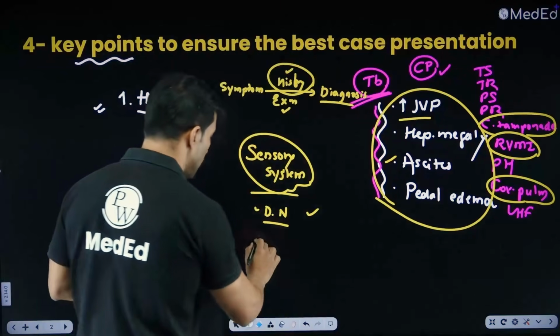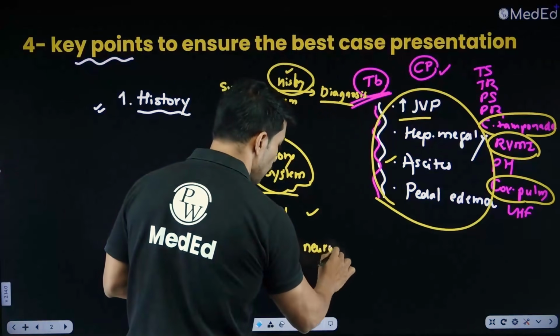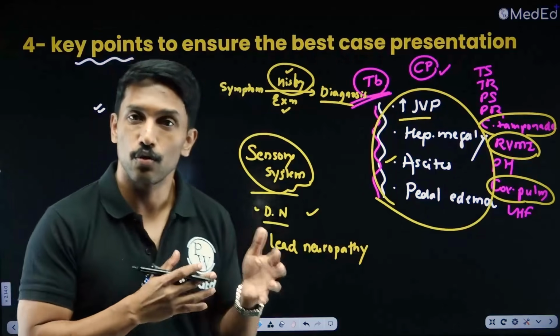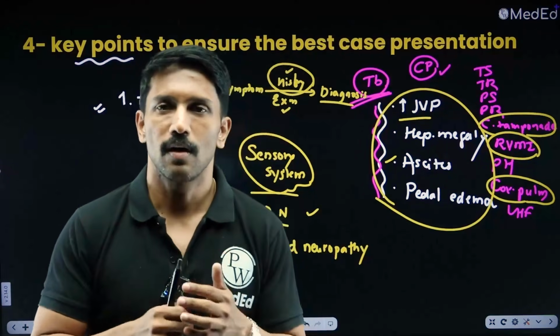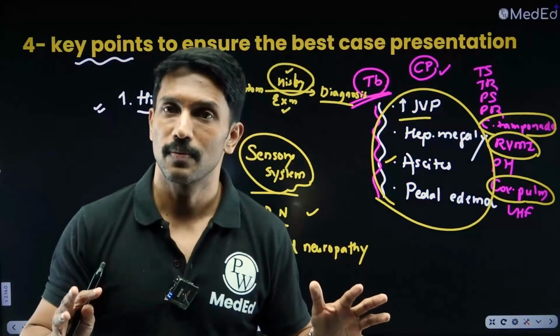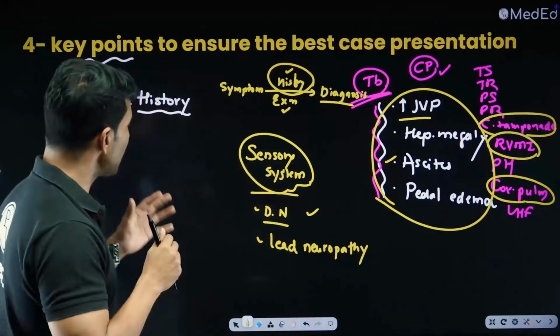Then it could be lead neuropathy, so I would ask if there is any potential history of lead exposure. Do you work in an industry where lead use is common? Or are there any other reported cases of lead toxicity in your vicinity because of water contamination or whatever other causes?